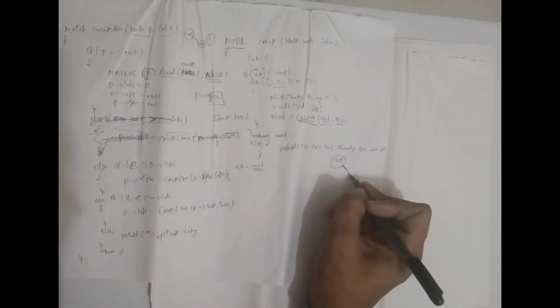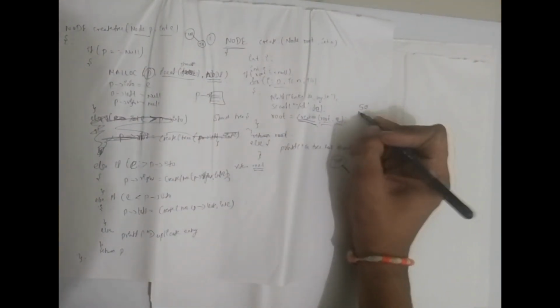First we are entering a 40 node, entering a 40 key, and we need to traverse to the left.